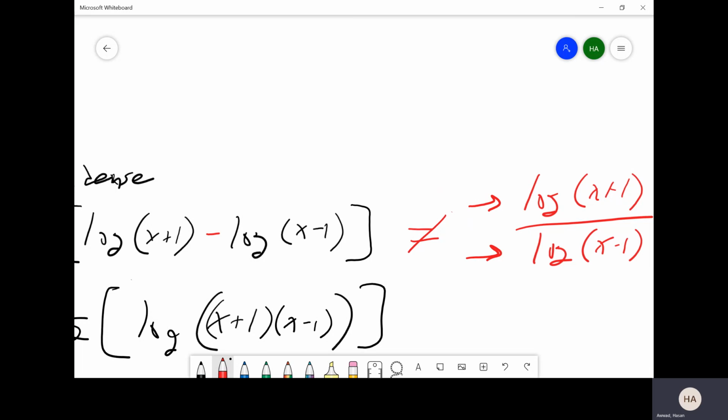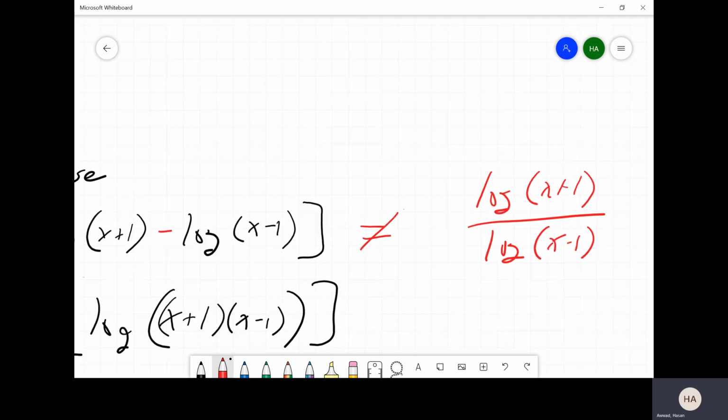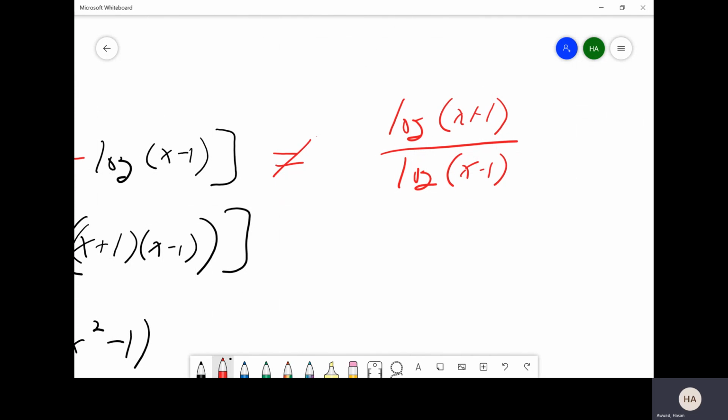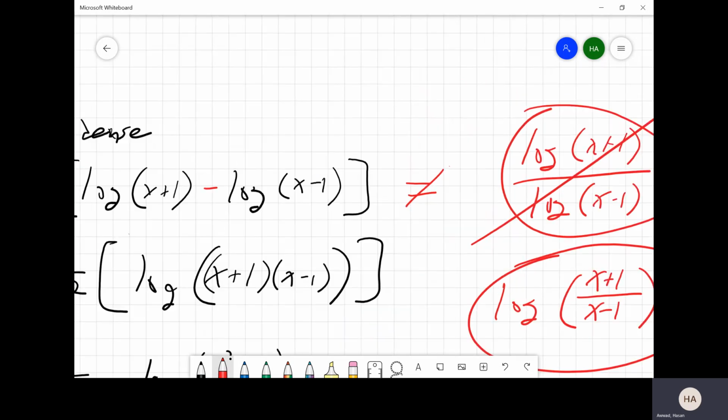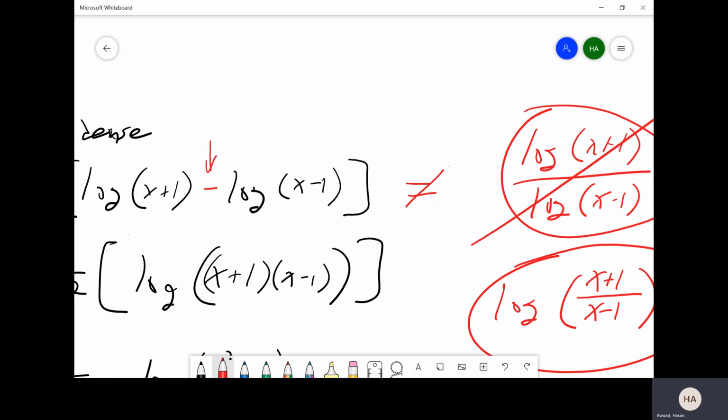The quotient property of logarithms says when you're condensing, you are making it one logarithm, so one log, where the values of the two previous logs are getting divided. So where you would have x plus 1 over x minus 1. And of course, your base would be the same. Okay, so this right here, not correct. This here, 100% correct, if this were a subtraction.